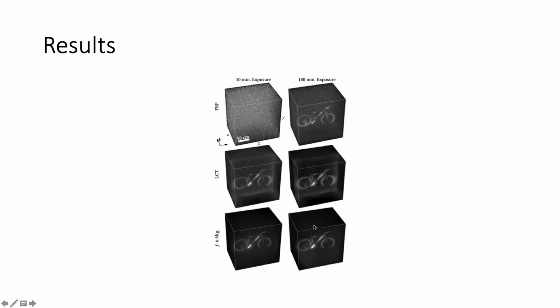FK migration produces high fidelity reconstructions while also being robust to noise. With the 10 minutes exposure, the relative reconstruction quality of FK migration and LCT remains the same, but the reconstruction quality of the FBP decreases appreciably due to its sensitivity to the noise.